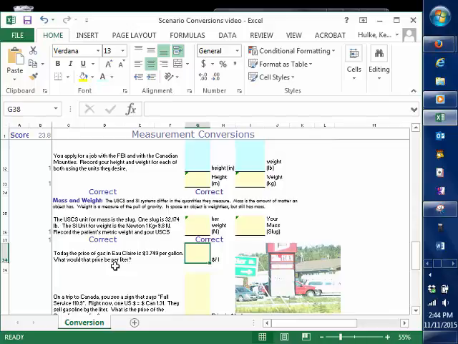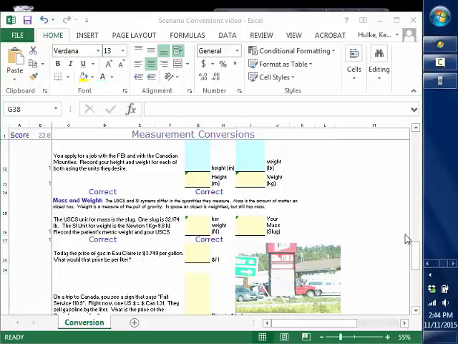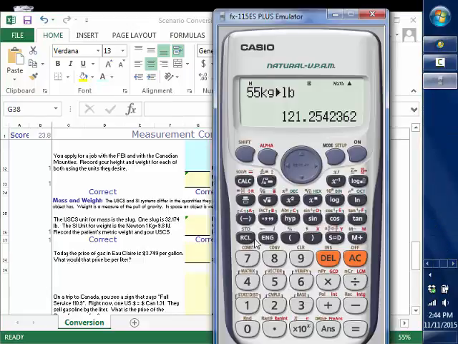Today the price of gas is $3.749 per gallon. What would that be per liter? So what we can do on our calculator is to use the fraction key. 3.749, that's how many dollars it was per 1 gallon. But we want to convert that gallon into liters.